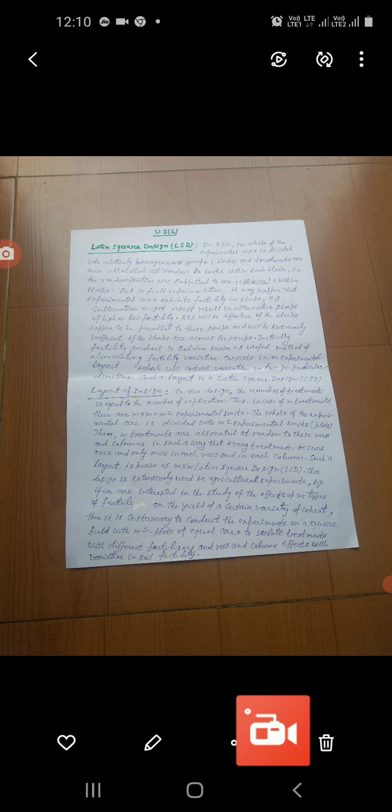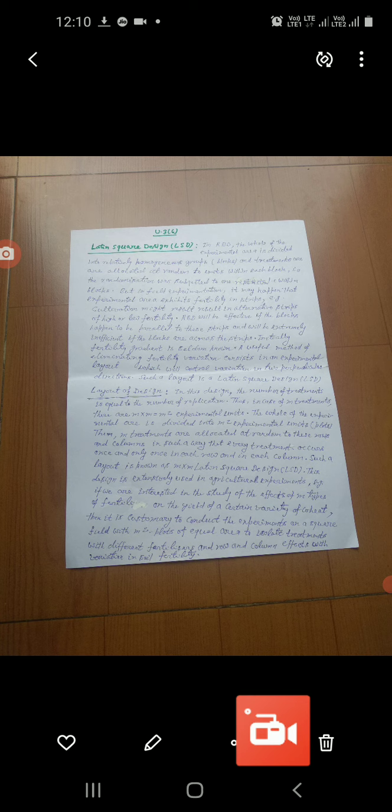But in field experimentation, it may happen that the experimental area exhibits fertility in strips.